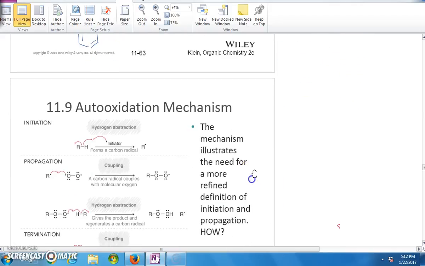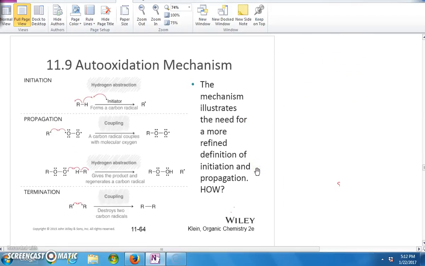Now, how the auto-oxidation mechanism proceeds is as follows. The first thing is an initiation, in which the carbon-hydrogen bond is broken in the presence of an initiator to produce the alkyl radical.